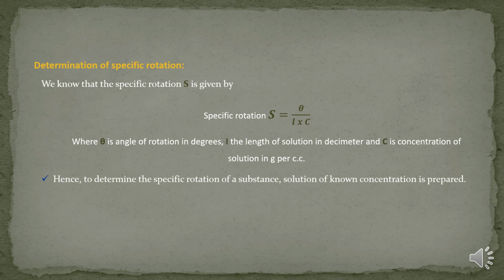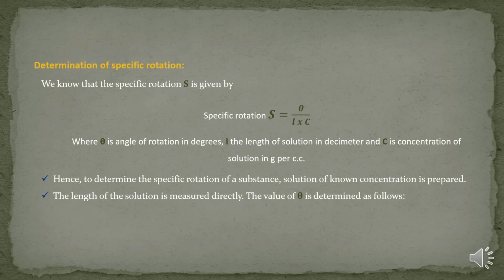Hence, to determine the specific rotation of a substance, a solution of known concentration is prepared. The length of the solution is measured directly. The value of theta is determined as follows.